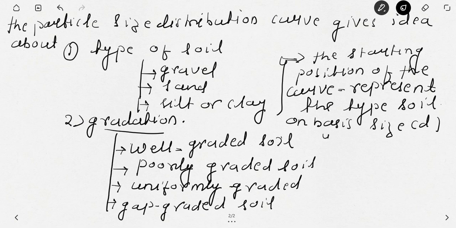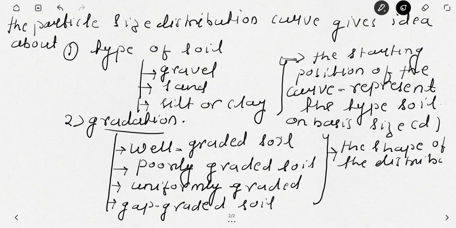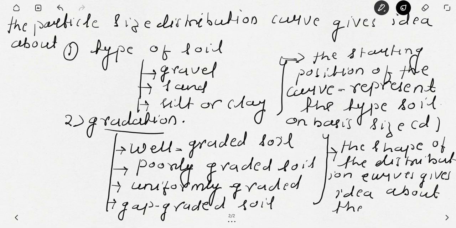So which property of the particle size distribution curve predicts all this? The shape of the distribution curve gives an idea about the gradation.